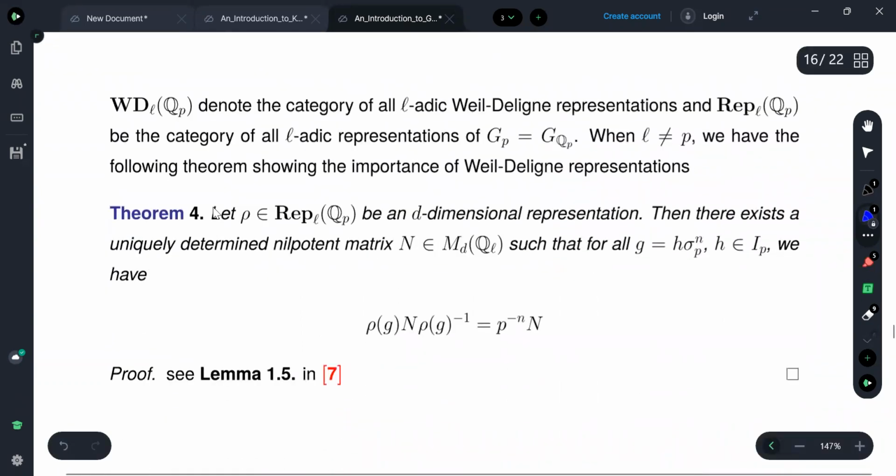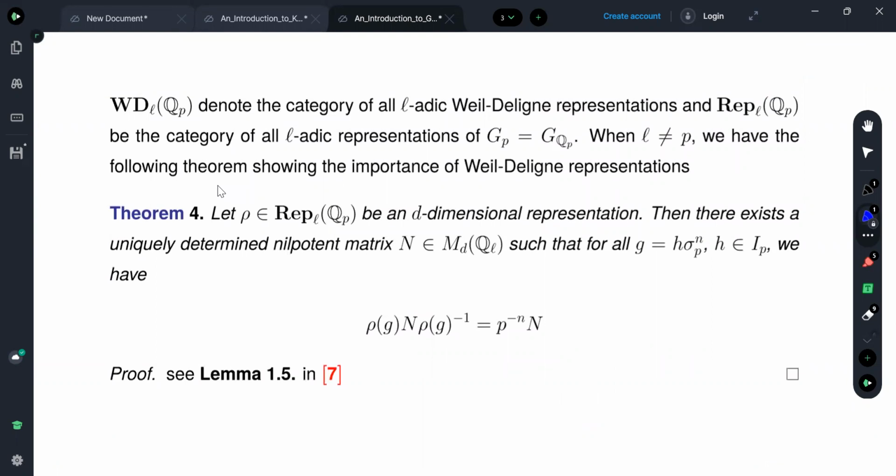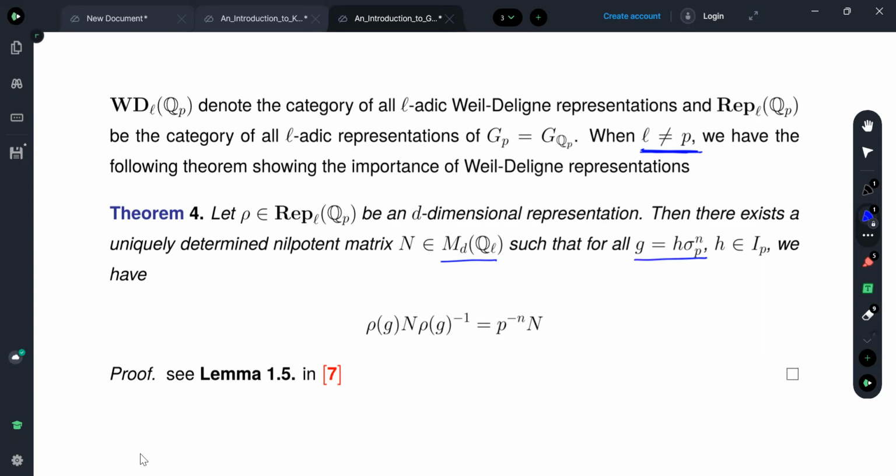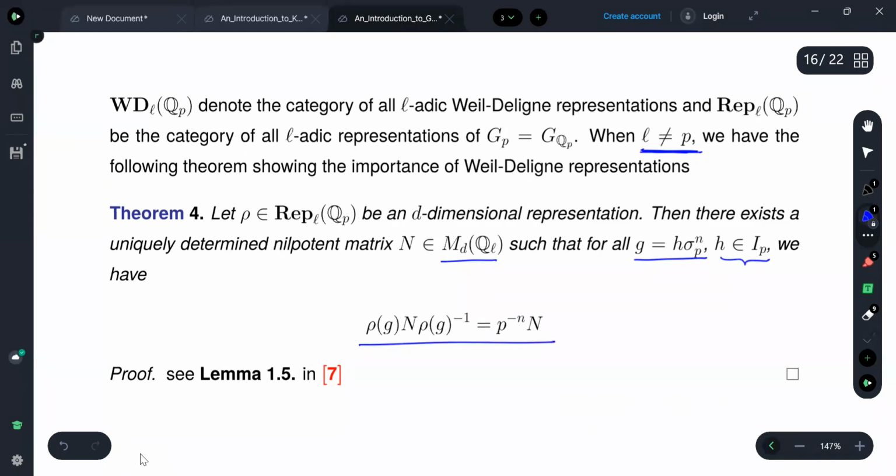There is a theorem which makes this interesting to us: if you take any continuous l-adic representation, here I should say that l is not equal to p, only in that case, of G_{Q_p} that is d-dimensional, then there exists a uniquely determined nilpotent d by d matrix inside M_d(Q_l), such that if you take g equal to h times sigma_p to the n, where h is inside the inertia group, then we have this identity.